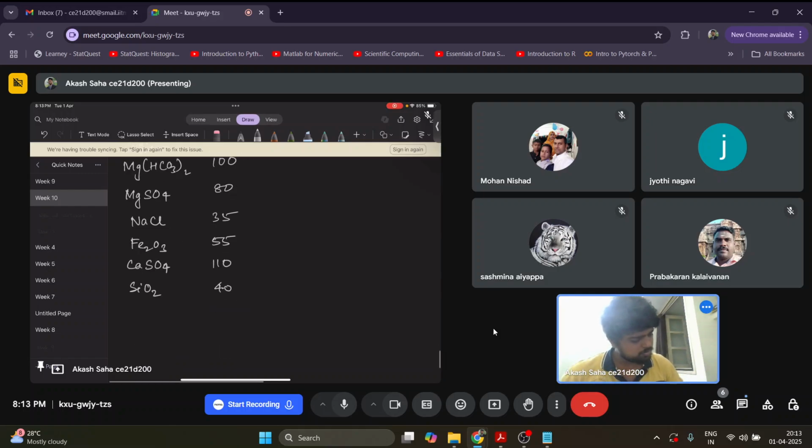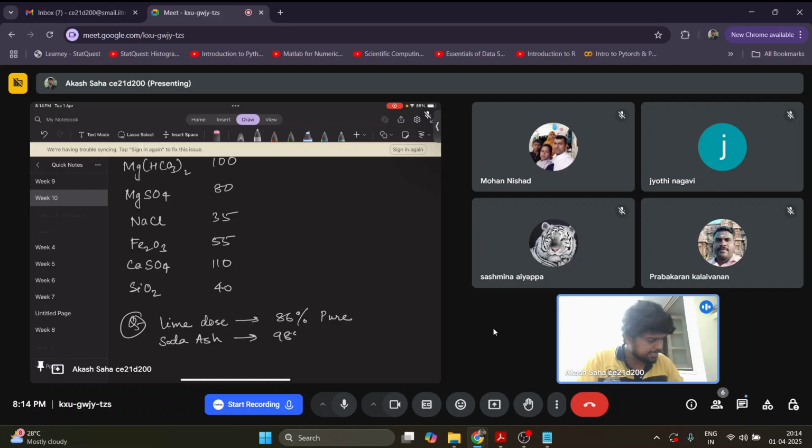Now the question says, what will be my lime dose if it is 86% pure, and what will be my soda ash dose if it is 98% pure for a water.